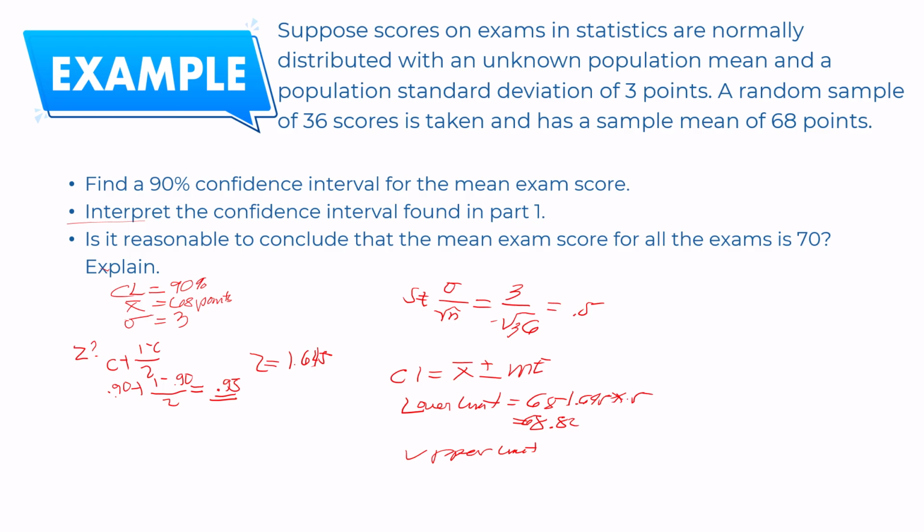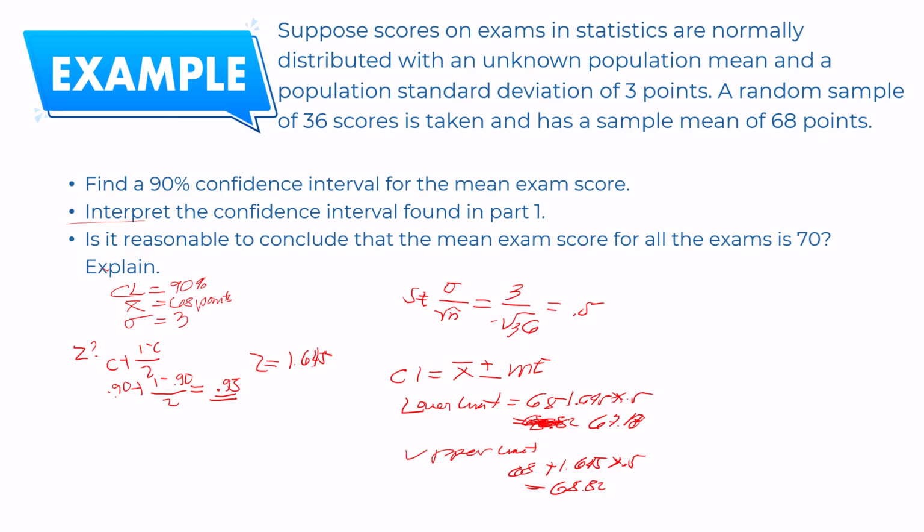So that's 67.17 or 67.18. Okay. For the upper limit, this is 68 plus 1.645 times 0.5, which is equal to 68.82. So that's now the confidence interval for the problem.